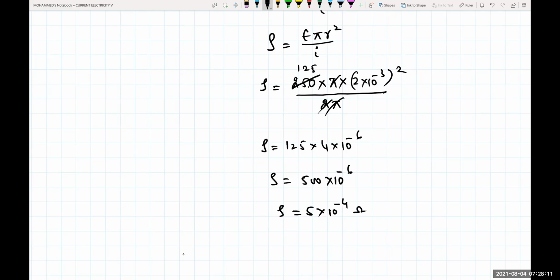The unit is ohm meter. Okay, so that will be the answer. Clear?